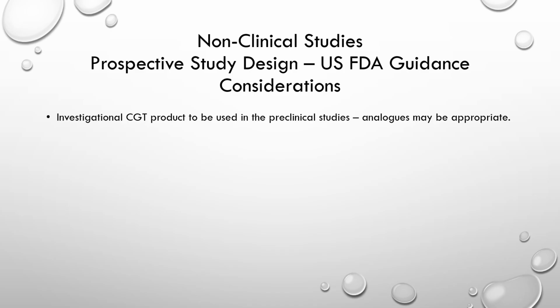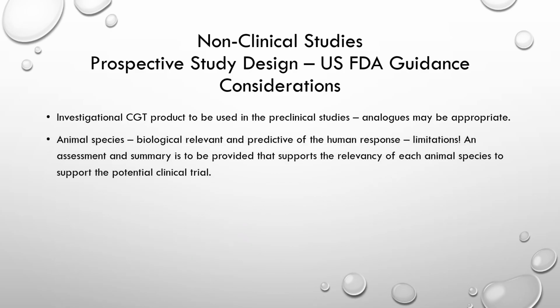Some cell and gene products intended for clinical administration may not be informative in animals. If you have an immunogenic response, that's not going to give you any information, so it's not going to be informative, and therefore testing an analogous product may be a suitable approach.